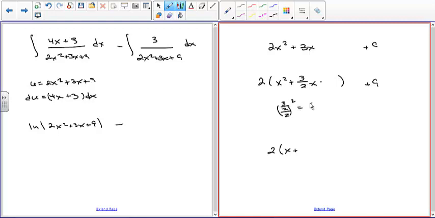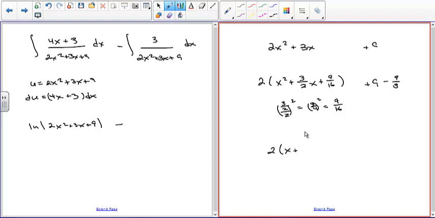So that's 3/4 squared, which is 9/16. So I should be adding 9/16. So now I'm actually adding 9/8, so I have to subtract 9/8.